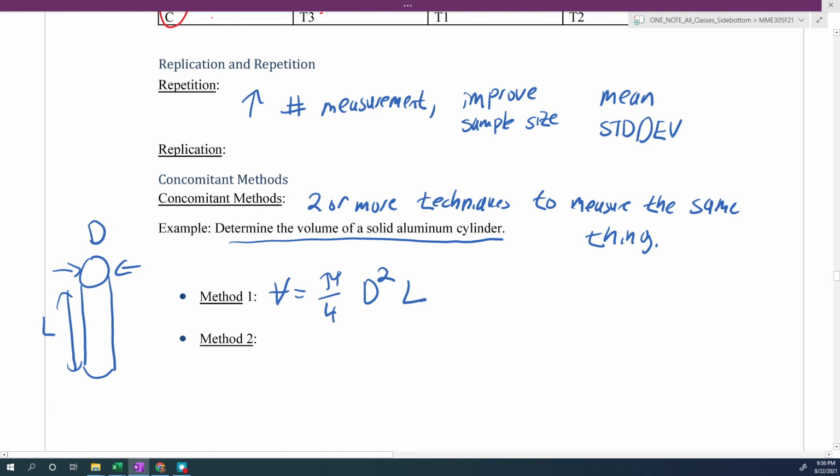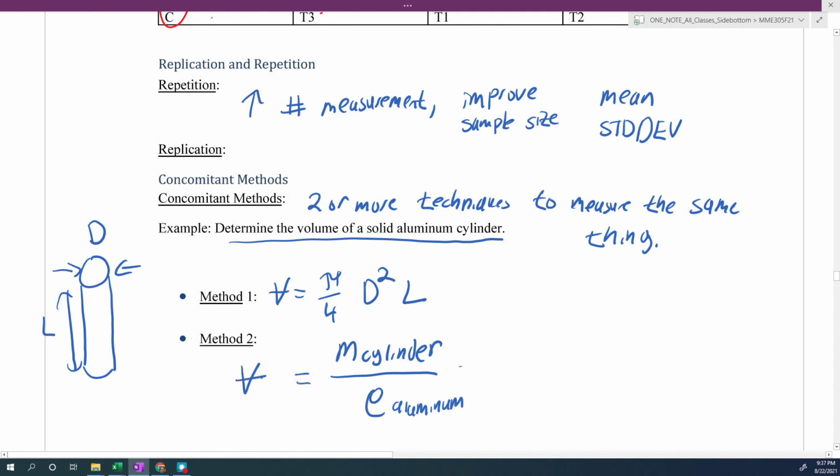Then you can check to see if your volume calculation was correct or close by measuring the mass of the cylinder using a scale. If you divided the mass by the density of aluminum, you could then determine the volume.